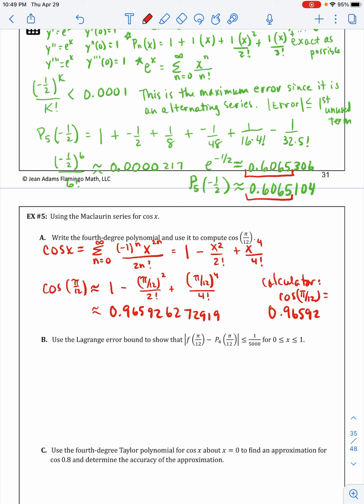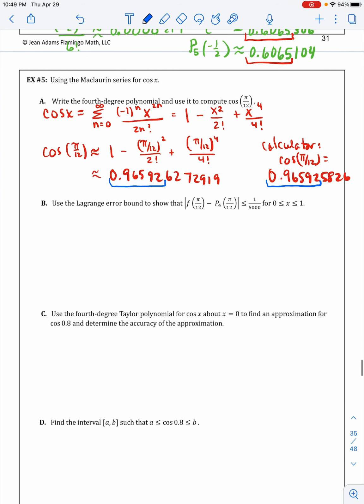And then in my calculator, I'm going to calculate the value of cosine pi over 12. Make sure you're in radians. And that is going to be 0.965925826. And so you're going to say, well, wait, 96592, they're both exactly the same for 0.96592. So for 5 places behind the decimal point, you are exactly the same.